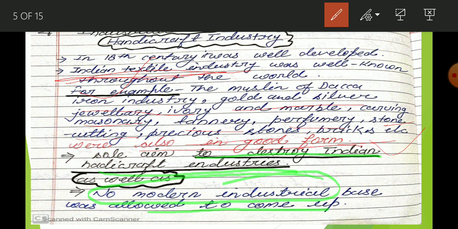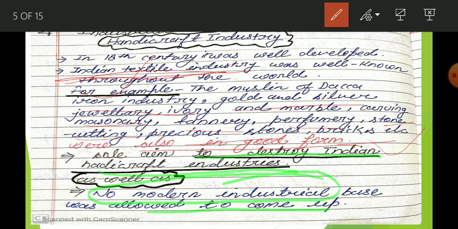So they did two things. When there was British rule, their first motive was to destroy the handicraft industry. Why? Because this was the backbone of the industrial sector. People were able to produce consumer goods according to their requirements.